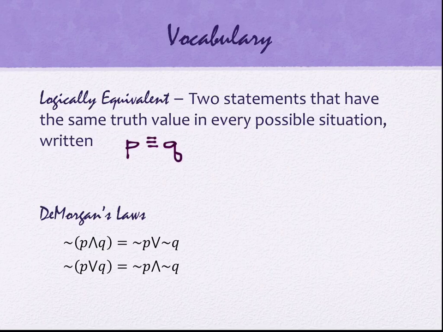It's got 3 lines on it. Now, De Morgan's laws, they're actually on the screen, should have an extra line here. They should have 3 lines there. They're logically equivalent statements. So let's talk through De Morgan's laws and we will do an example.